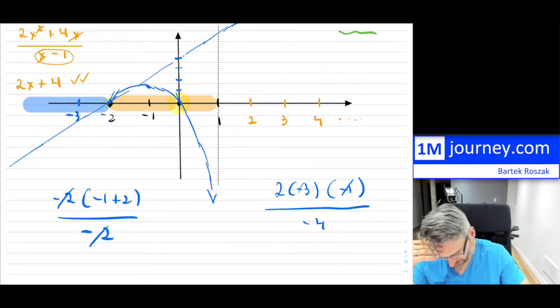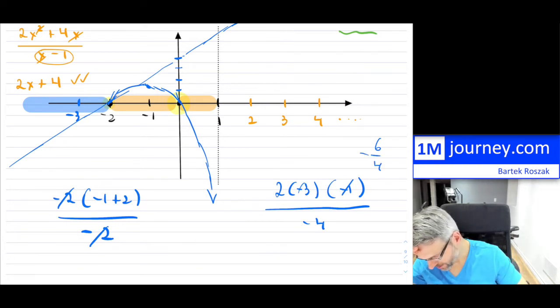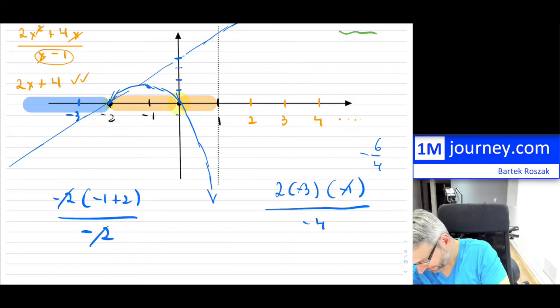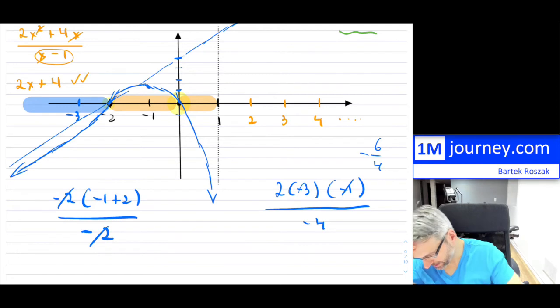Right, so it's going to be 6 over negative 4, which is negative 1.5. Okay, negative 1.5, somewhere along there. So it looks like it just goes like this, and then it will eventually just slowly tend toward that.